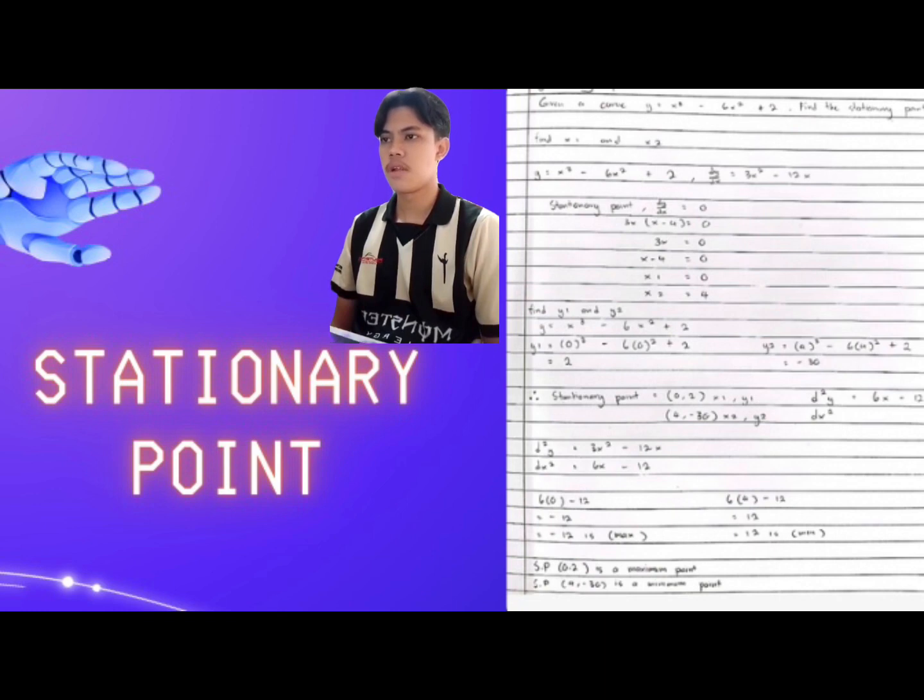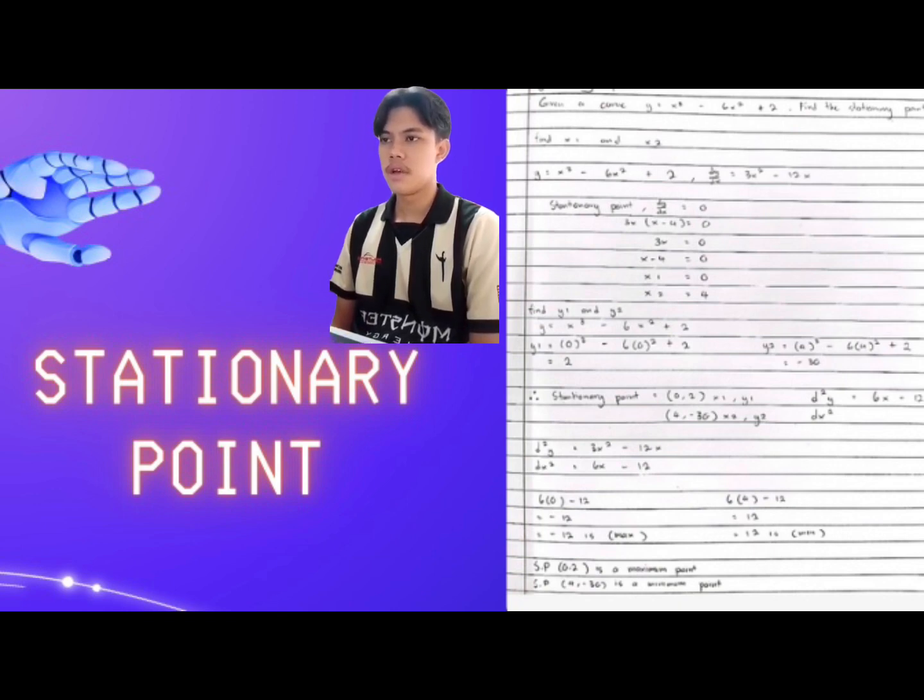After that, we need to find y. We find y by listing down back the equation that was given earlier, that is x cubed minus 6x squared plus 2. Then just replace it with the values that we already got from the factorization.